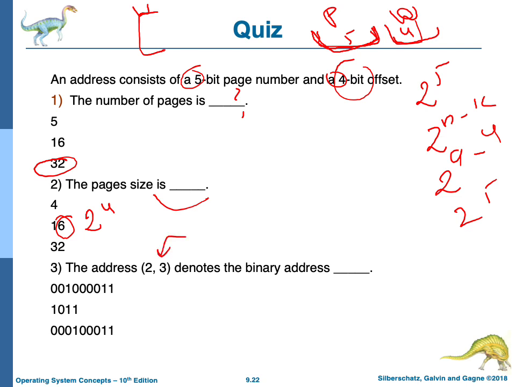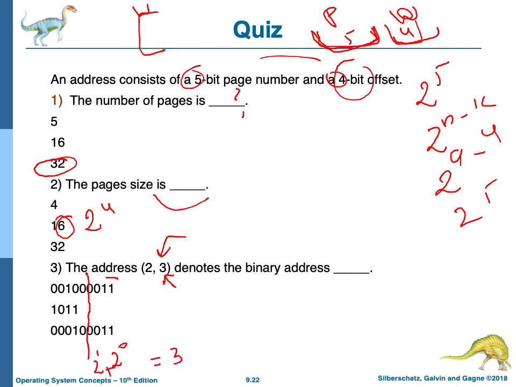What does this address represent in binary based on this description? So we are going to have 4 bits for the offset. So 1, 2, 3, 4. So this is the offset, and the remaining bits are for the page number. Therefore, we need 3 for the offset. So both of them are 3, right? So 2 to 0 plus 2 to 1.